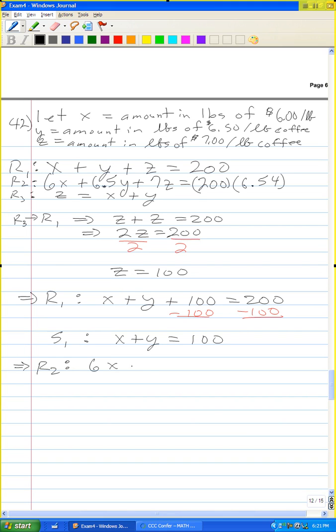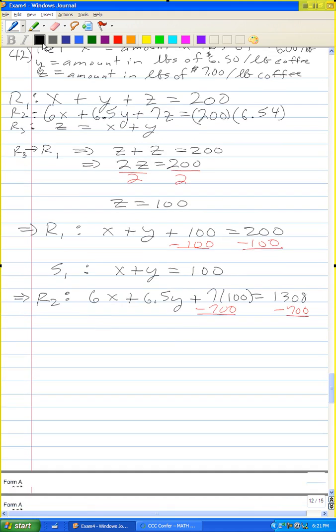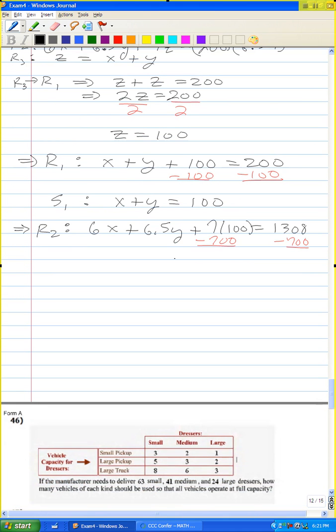So 6X plus 6.5Y plus 7 times 100 equals 200 times 6.54 is 1308. And 7 times 100 is 700. Let's subtract 700 from both sides. So I get 6X plus 6.5Y equals 608.